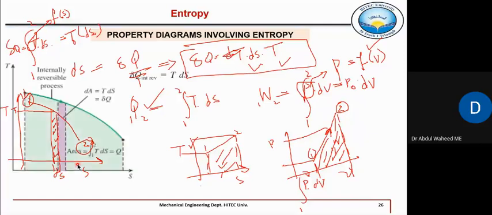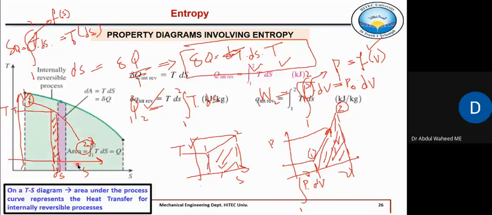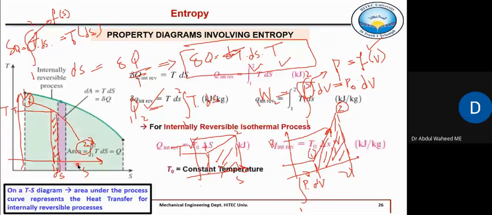So ये सब यहाँ explain किया हुआ है slide के ऊपर. You can read and understand. Isothermal process. Isothermal process is internally reversible. हमने chapter 6 में already पढ़ लिया है.